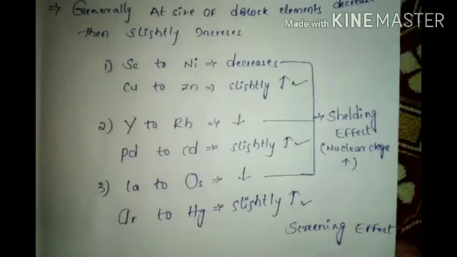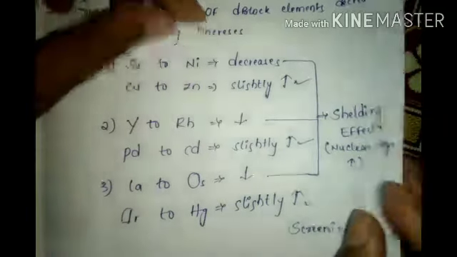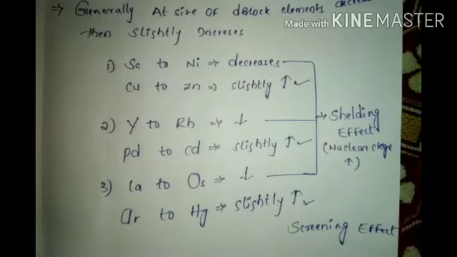Okay, we'll discuss one by one. Let's see, for example, scandium, 21 electrons. Here the scandium atomic radius is 162.